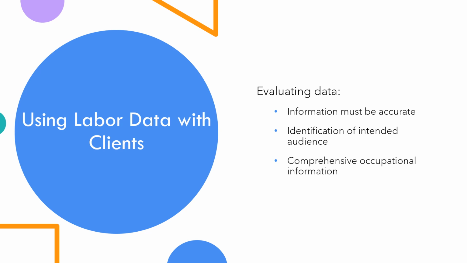And so the three tests that NCDA offers us to evaluate the data that we're bringing into session: first of all, understanding that the information is accurate. And part of that is making sure that it's coming from an accurate and reliable source.